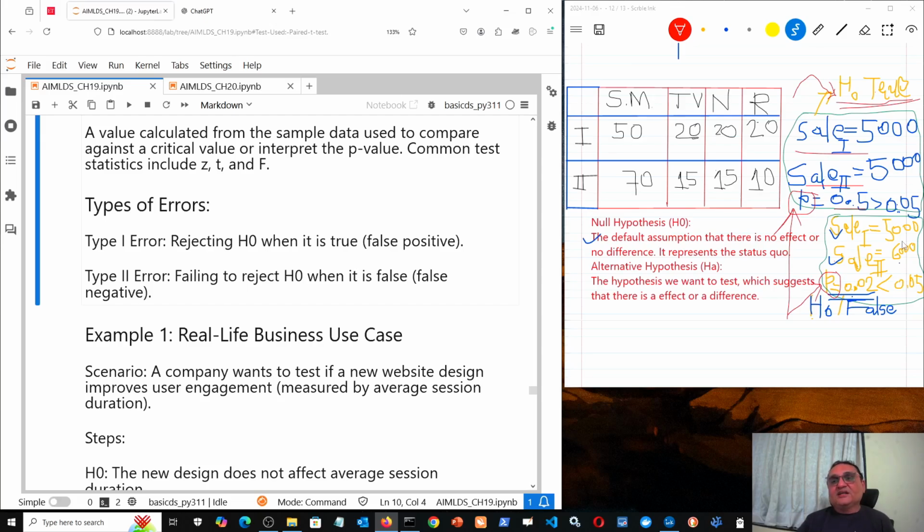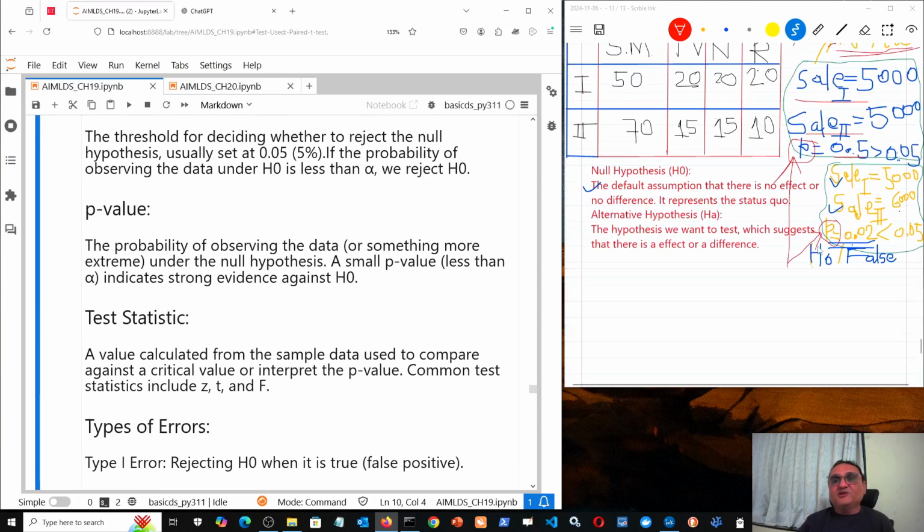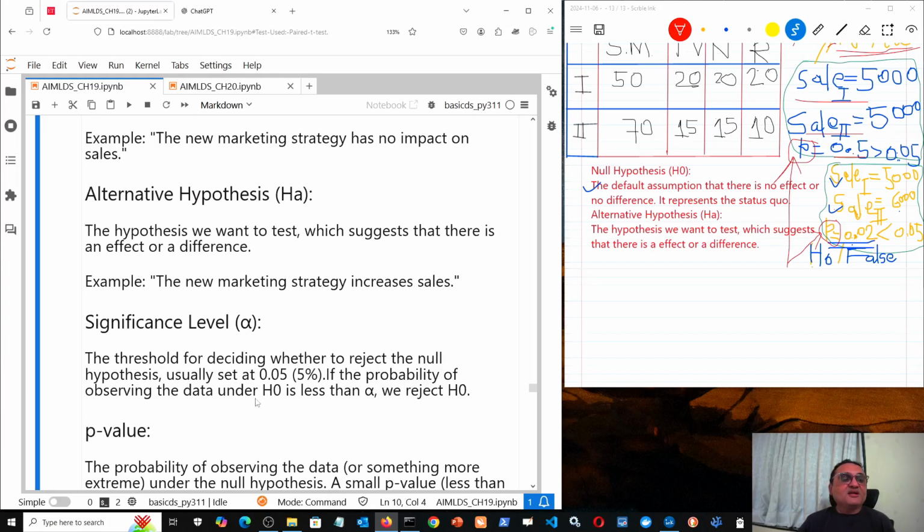So in that case, it is clear that the marketing strategies are affecting the sale, and therefore the p value is only 2%, which is less than the significance level of 5%. What does the p value give? The p value gives the probability that my data, the predicted data, will fall under the null hypothesis, but there is only 2% probability. But the significance level is 5%, meaning there should be at least 5 or more percent probability.